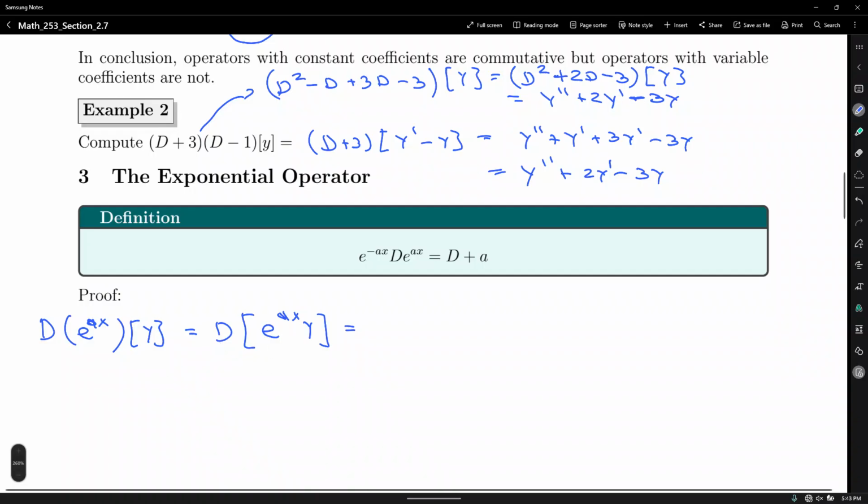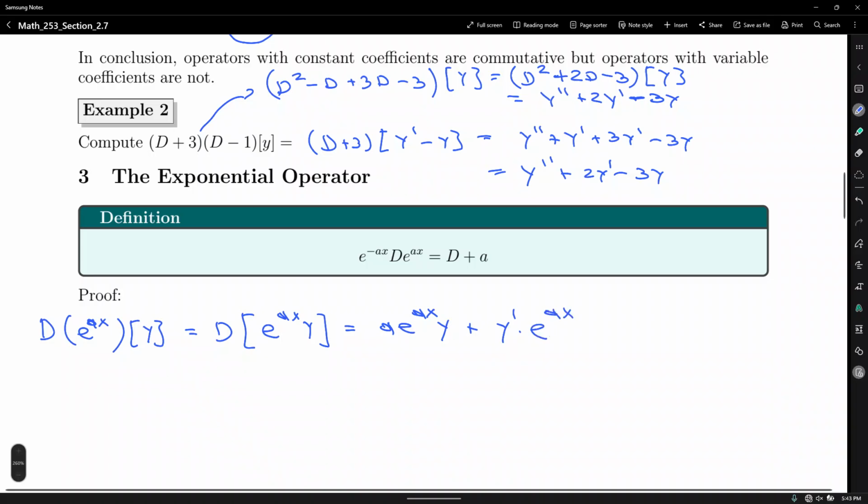But again, guess what? We're going to have to use the product rule of differentiation, right? So that means the derivative of the exponential, which is a e to the ax, y, plus the derivative of y, which is y prime, times e to the ax.